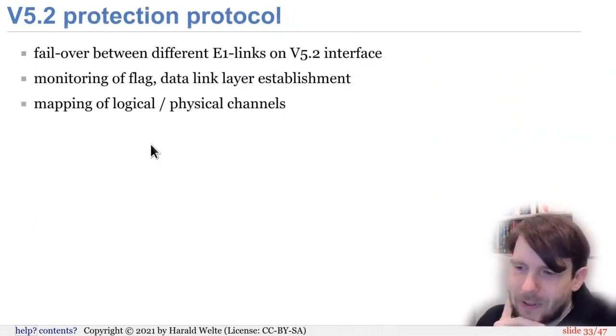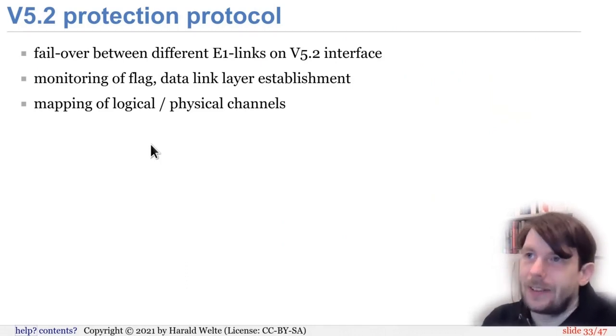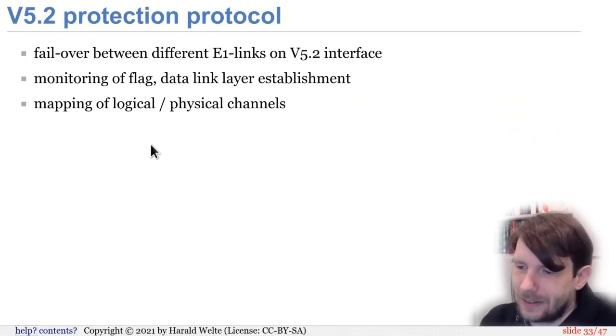The protection protocol is what handles the failover between the different E1 links on the V5.2 interface. It monitors all kinds of things like flag octets, meaning if there's some messages at all in the signaling channel, and whether data link layer 2, the LAPV5, is established or not.